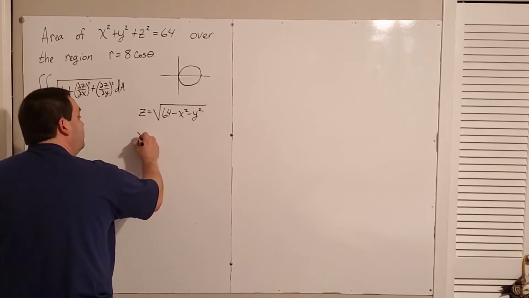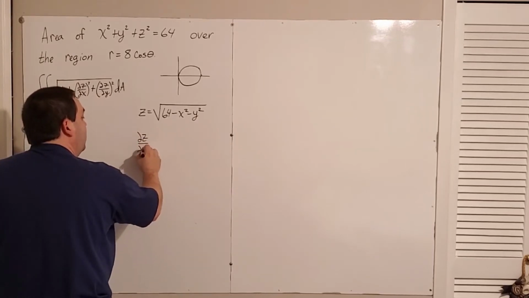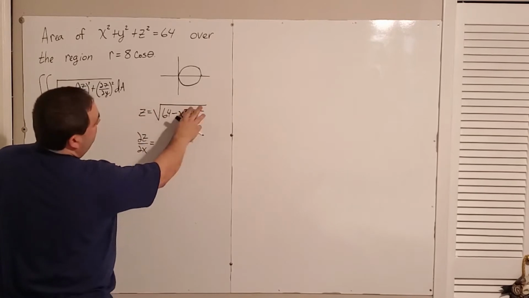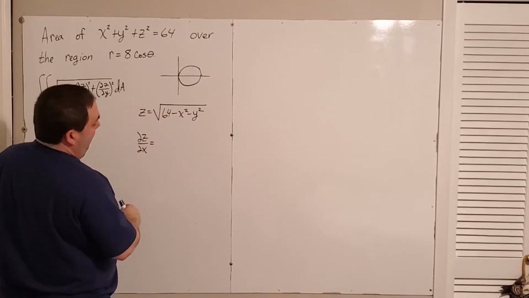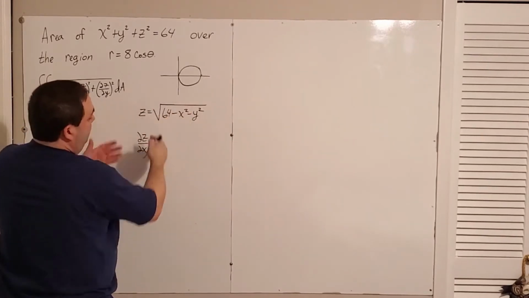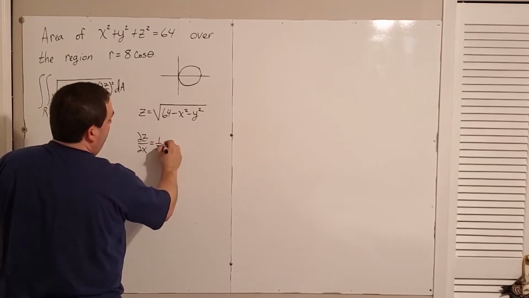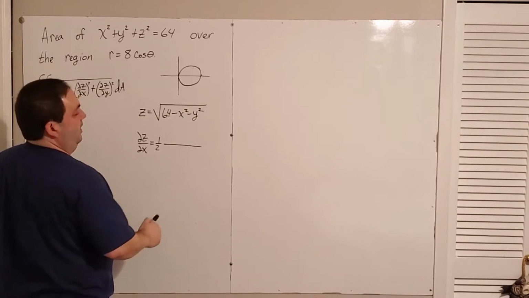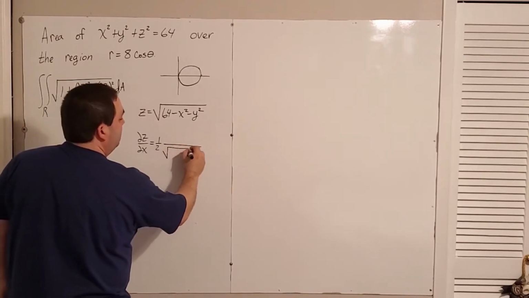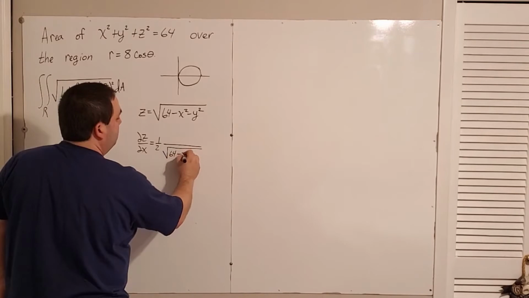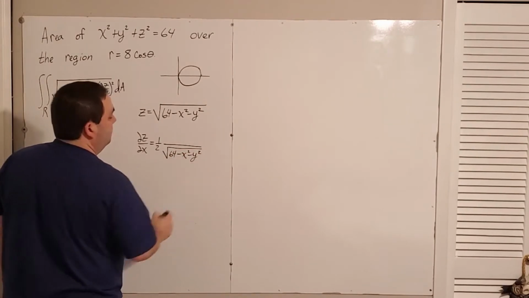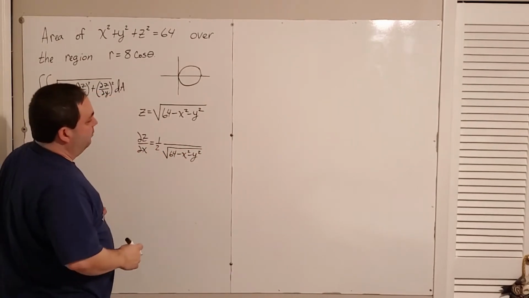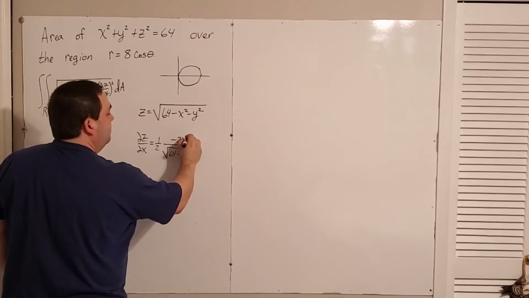Okay, so partial of z with respect to x. Don't forget that square root is really a 1/2 power. So I'll be taking the derivative by multiplying by a half, and then it'll also reduce to a negative 1/2 power, which is going to give me a square root in the denominator here. Okay, and then the inside derivative is negative 2x.